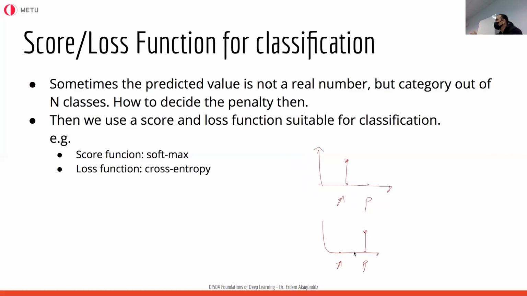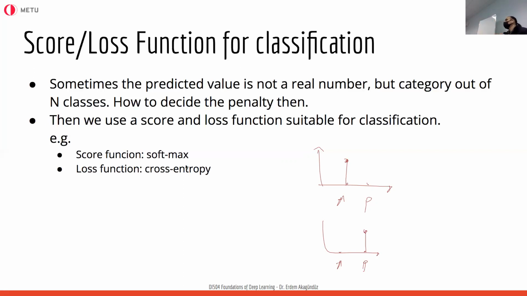Now I have the ground truth as discrete probability functions, and the score function as discrete probability functions. We are talking about classification now. I need a difference between them. In statistics, there are a lot of ways to compare two discrete probability distribution functions, and one of them is called cross entropy. This is a function which gives you a similarity measure between two discrete probability functions.